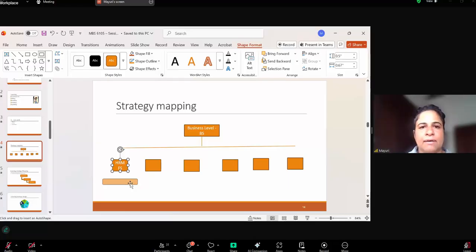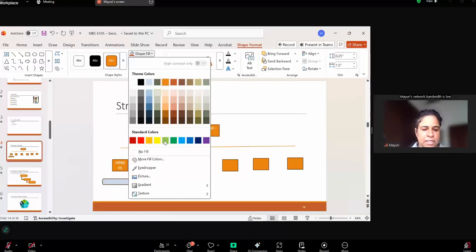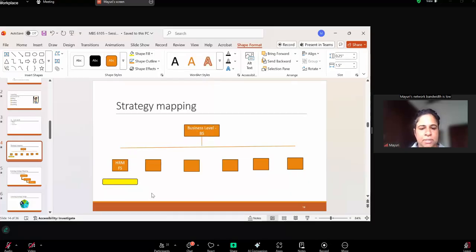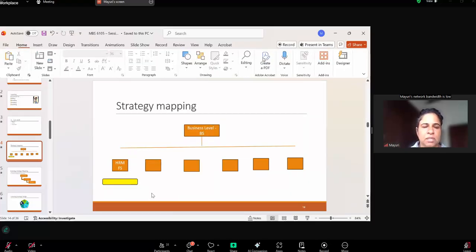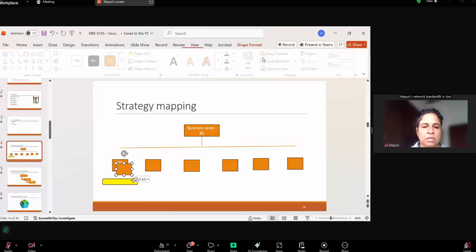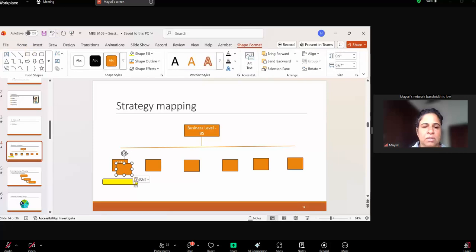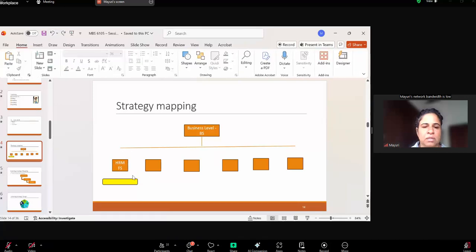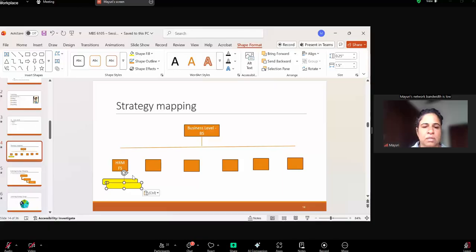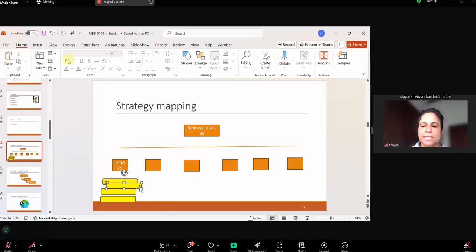It might be recruitment and selection, job analysis, job design, HR planning. So likewise, we have all these sub activities under the functional strategy.